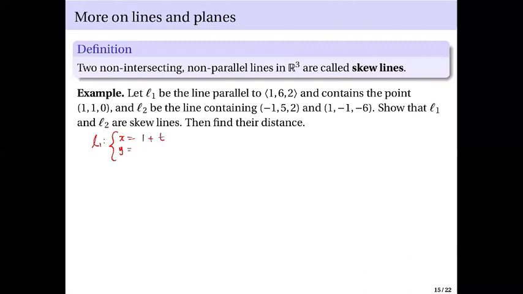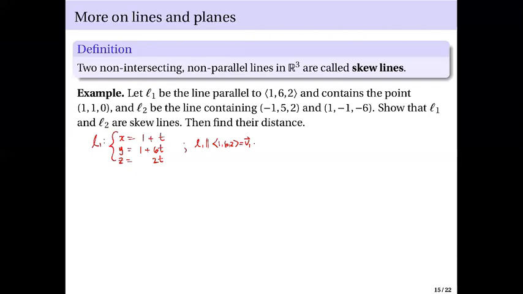For y, we have here 1 plus 6t. For z, you have 0 plus 2t. So let me just write this as 2t. Okay? This means that your L1 is parallel to the vector 1, 6, 2. And let me label this as your V1.